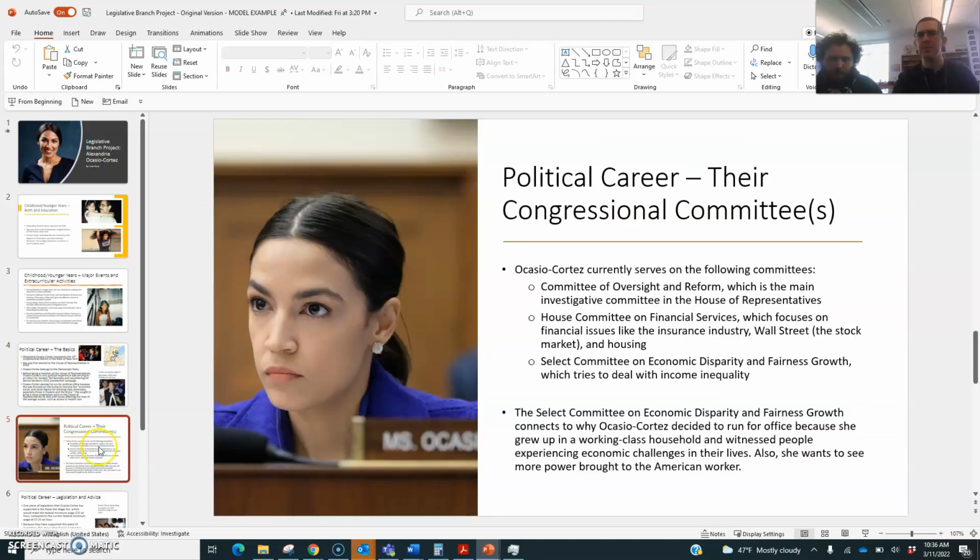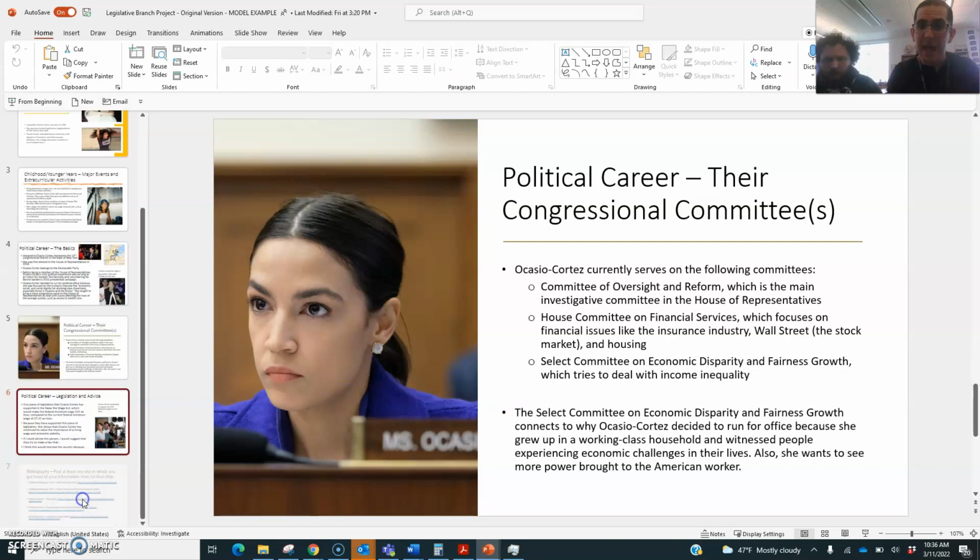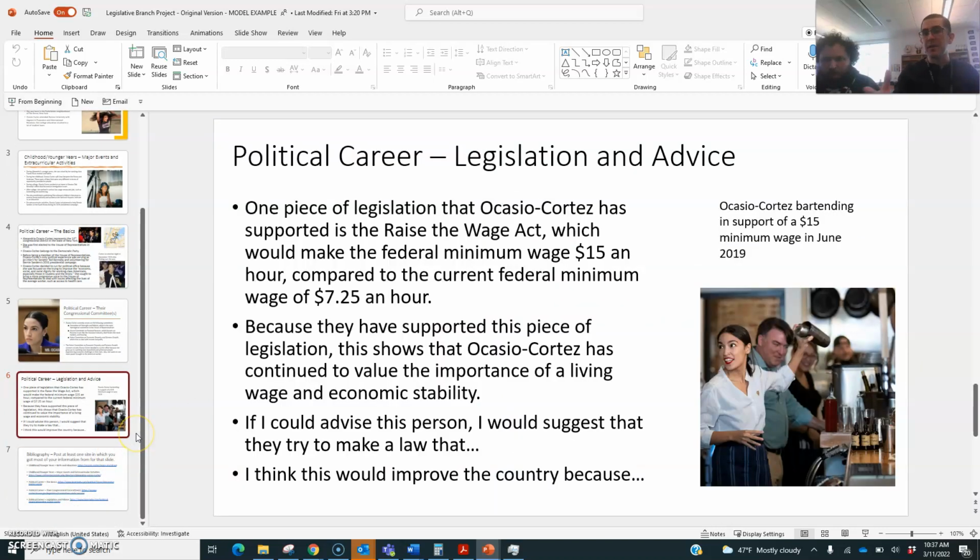All right. Next up, you can also see information about the particular political or congressional committees that they're a part of. You can see I list the particular congressional committees that Ocasio-Cortez is a part of. I explain very briefly what they do. And I also explain why Ocasio-Cortez might have selected or might be a member of this particular committee. And then we see over here information about the legislation that she has worked on.